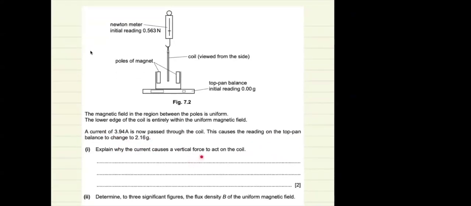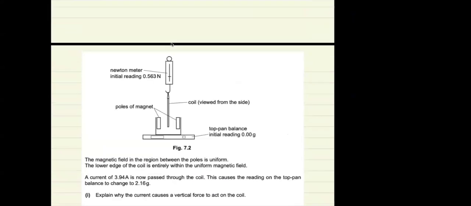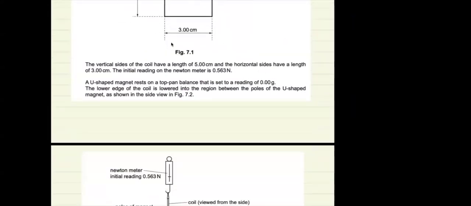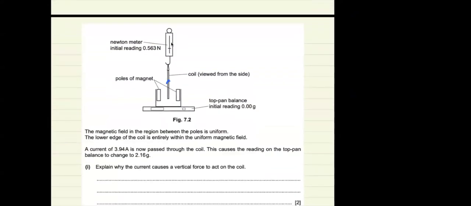Explain why the current causes a vertical force to act on the coil. So this is the first thing that we need to see. So these are some poles of the magnet here, which are placed. So if you look here, there's going to be a current in the coil, obviously. So the current is going to be going like this, or maybe downwards in some direction. But explain why the current causes a vertical force to act on the coil.